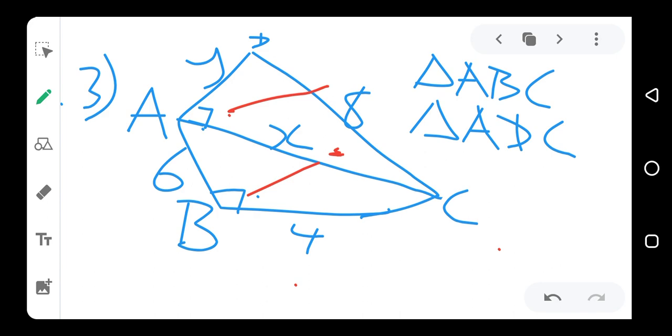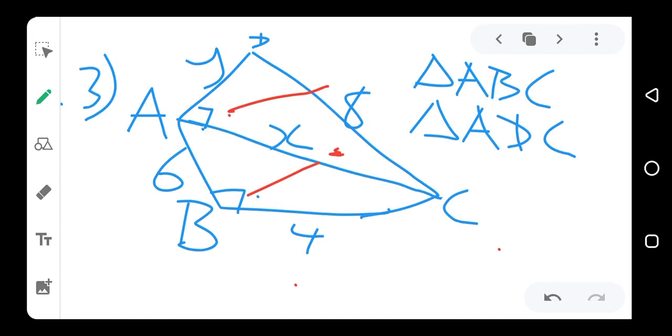For ADC, we know line DC as 8. We don't know AC and we don't know AD, so we cannot use triangle ADC to start. We are going to start with triangle ABC.